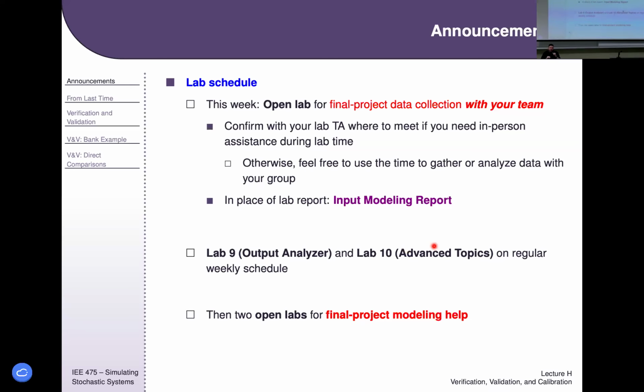So Lab 10 allows you to learn not only about certain tools like OptQuest, but also about batching. So returning to one of our first labs, when you did the muffin sim by hand, we saw a brief introduction to batching. Now we'll actually see how batching works in Lab 10. So hopefully those are things that can help you in building your models for your final project.